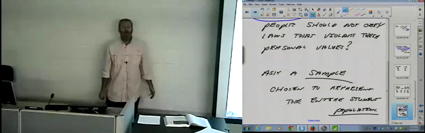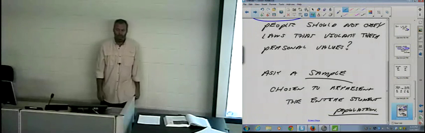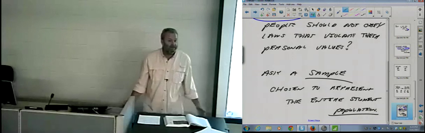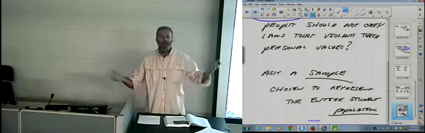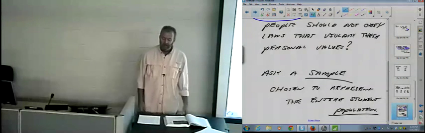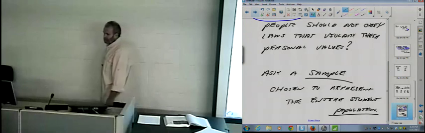In other words, we're going to choose a small group that we want to represent the large group. I want to choose a small group of college students to represent all college students. This is the way statistics goes.